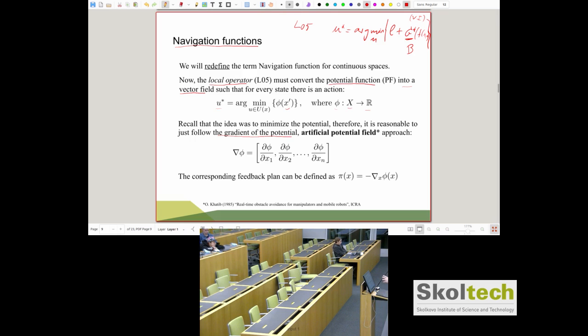I still didn't discuss how to obtain this function, okay? So I'm just assuming that there's a function like this, right? I didn't say how to calculate this. But if there is, and if this function allows us to calculate a path, then the action that we can take is very simple. We just need to follow the potential field, right? And this is called an artificial potential field.